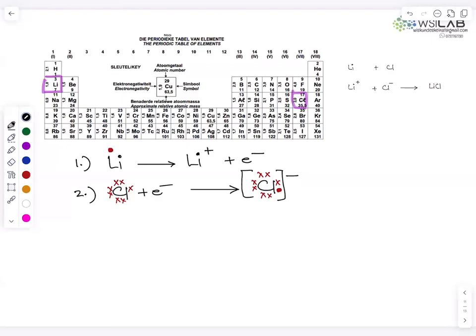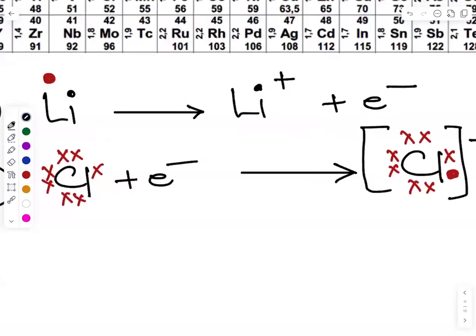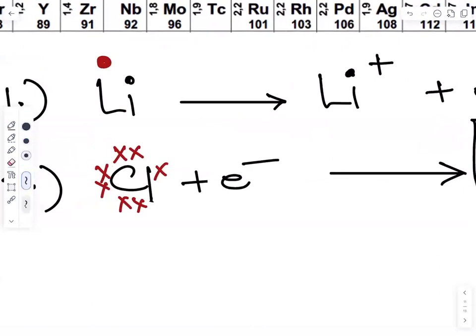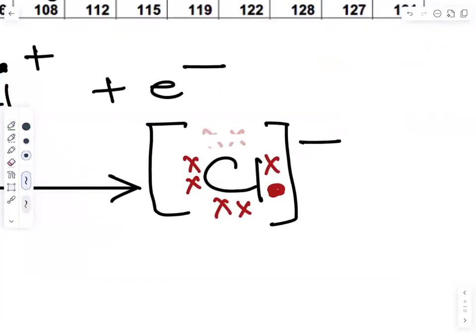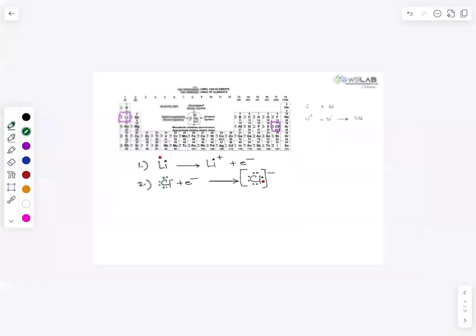Yeah, that's what I did. Look, it's not a must that it must be crosses. I don't like those crosses either. So if I make all of these 7 dots, it's like silly. I know why they do it, because they want you to understand that these different electrons belong to chlorine and it's received a new electron from lithium.